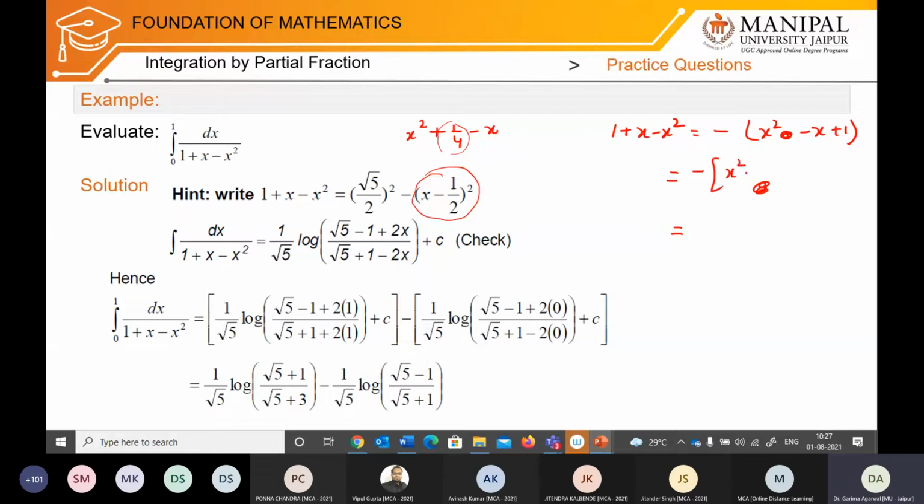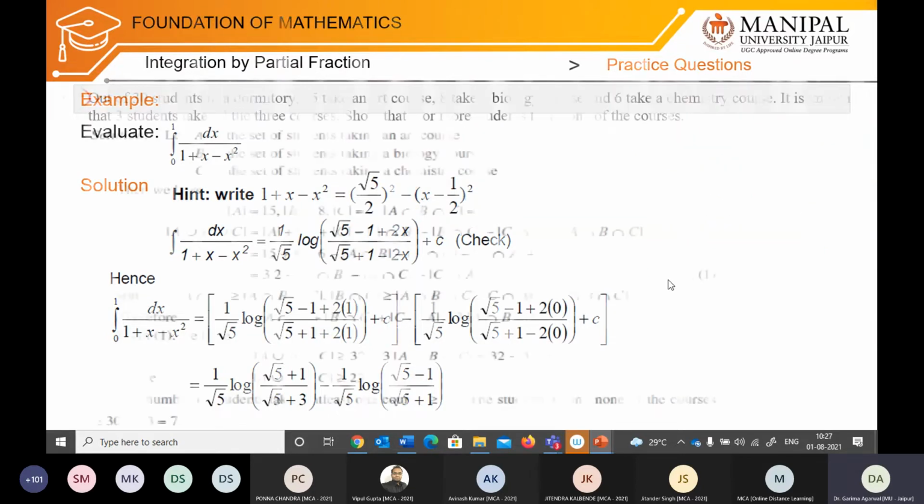So minus x square minus x plus 1 by 4, and minus 1 by 4, and this plus 1, and because of this minus it will be minus 1. So minus x square minus x plus 1 by 4, minus minus plus 1 by 4, and plus minus 1.